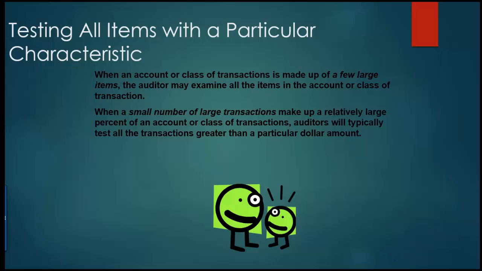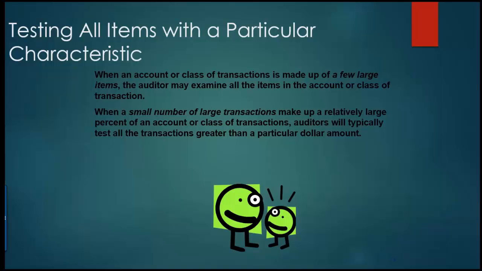It's very possible that we may have a population of 1,000 items, but 5 of those items are maybe $100,000, but everything else is less than $20. So if there are items with very specific characteristics, it's very possible that we will test all of the items that are over a certain dollar amount, and then pick a sample of those items that are below that dollar amount.